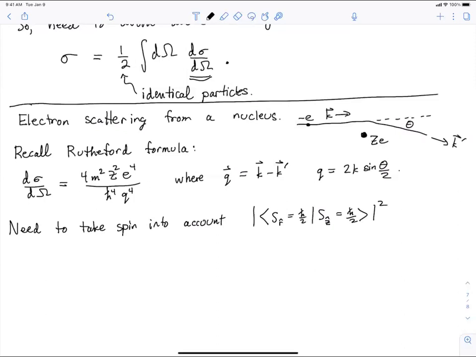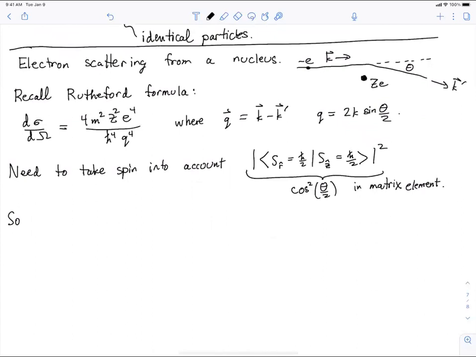And so if you work it out, there's an extra factor of that in the matrix element. And that factor turns out to be cosine squared theta over 2 in the matrix element. So when we originally did Rutherford scattering, we were pretending the electron had no spin. And I'm just telling you that this is what you get when you do it more carefully with the spin included.